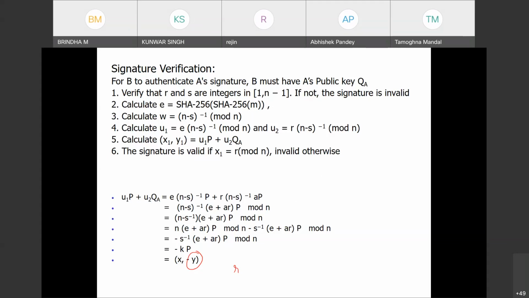So what you can do is, you can see here M, R, S. This is S, this is n minus s. What they are doing is taking one value.